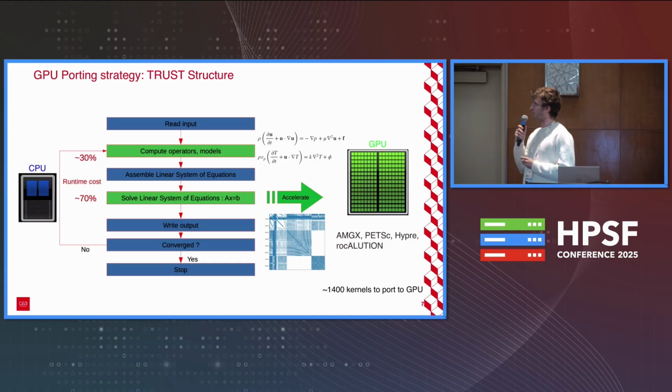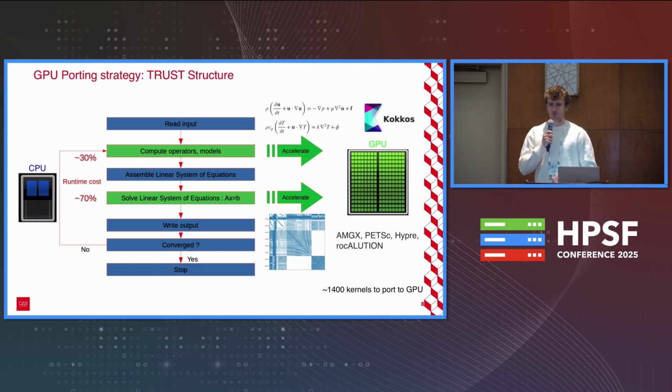So we use AMGX, PETSc, Hypre, so Hypre is through PETSc, and rocALUTION for AMD GPUs. That was the first part. And then the second part was to port to the GPU our computing of the operators and model. So these are kernels that were already present in Trust that we ported to the GPU thanks to Kokkos.